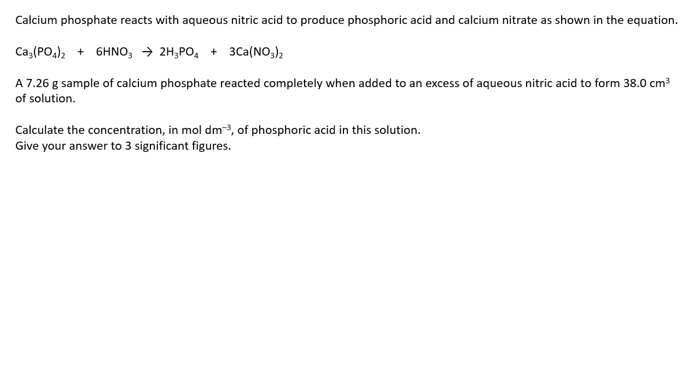So first thing we need to do, we're trying to work out the concentration of phosphoric acid, but at the moment we only have a volume, no other information about it. And the only other chemical we have any information about is the calcium phosphate, which we know has a mass of 7.26 grams. Let's think about what our 2 equations that we could use here are.